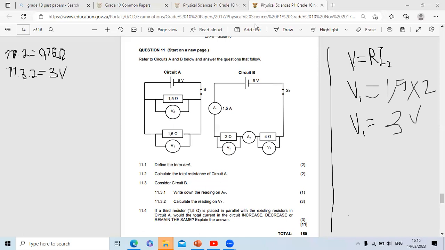Let me add the resistor in the middle somewhere right here, and we're going to have this here. And they say that this resistor is also the same as these ones. It's a 1.5 ohm resistor.